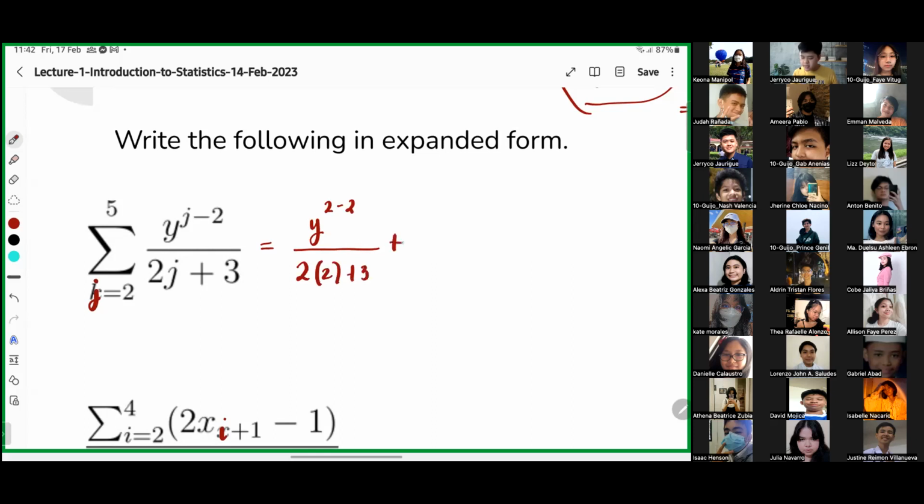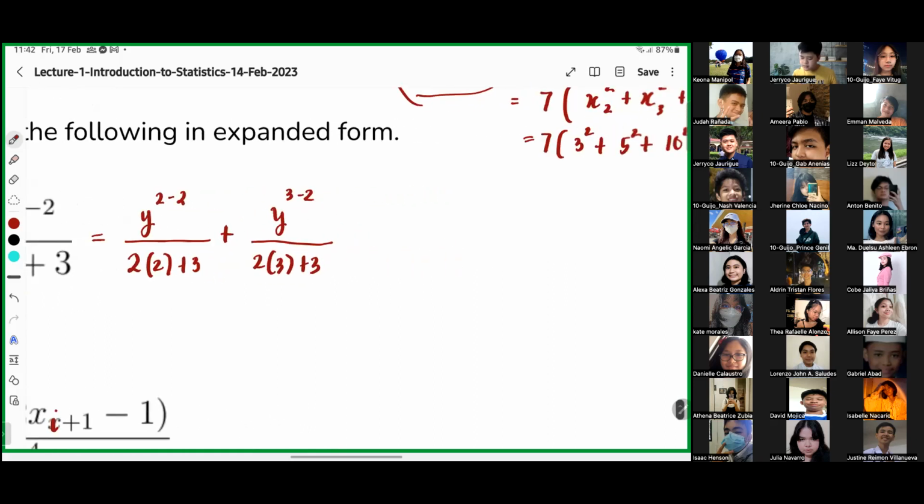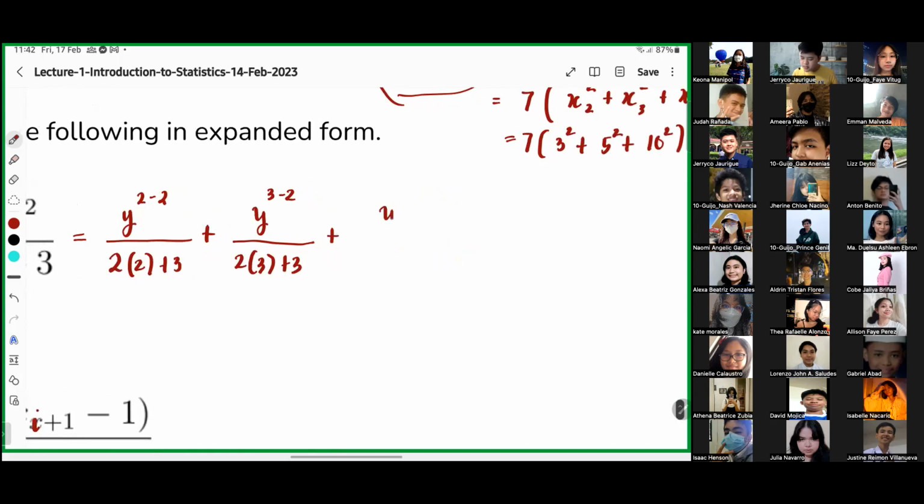Plus, hanggang 5 to, no? y, and then 3 minus 2 over 2 times 3 plus 3 plus y 4 minus 2 over 2 times 4 plus 3 hanggang 5, y 5 minus 2 over 2 times 5 plus 3.